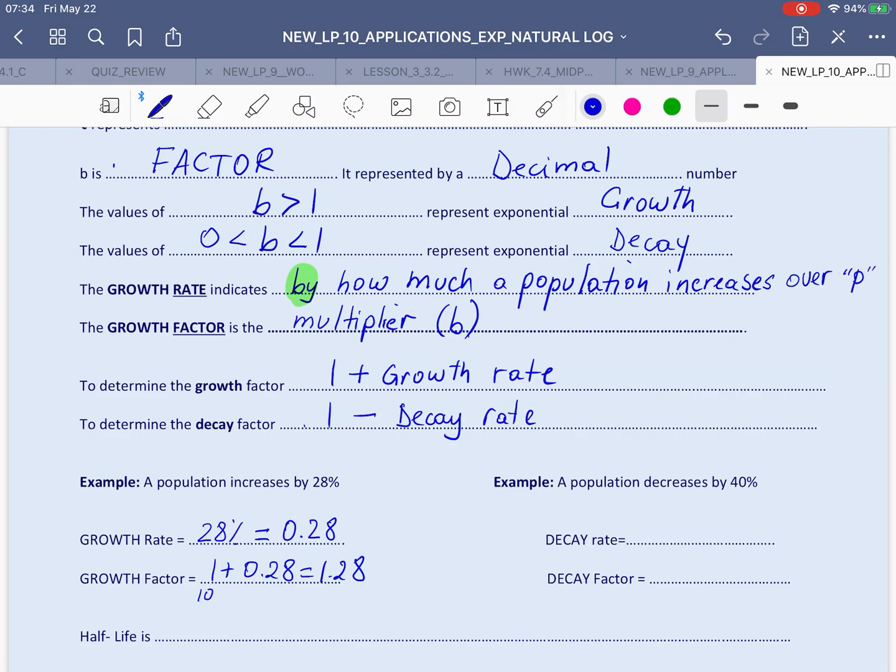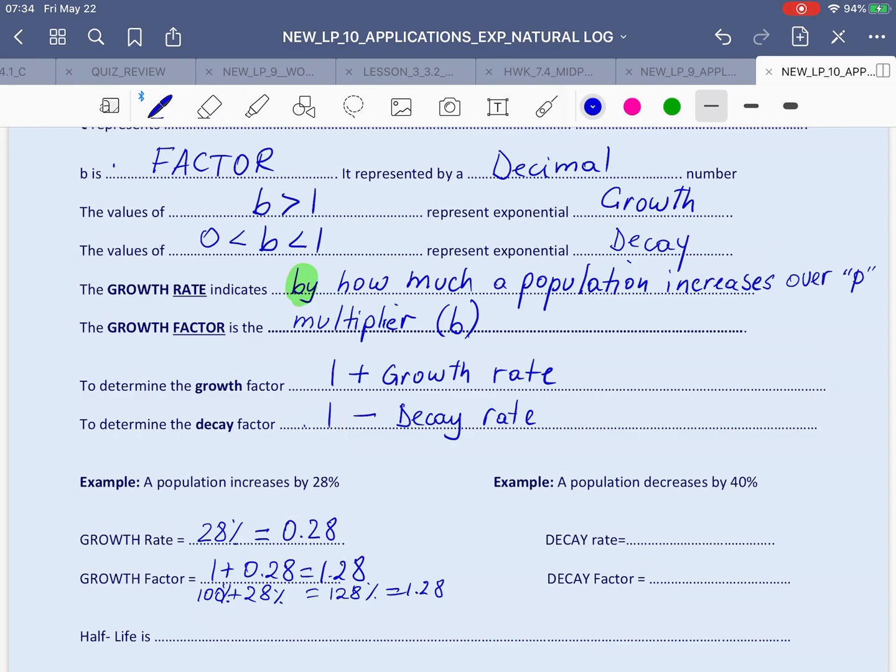Just in case you're wondering why we have to add 0.28 to 1: when we think of growth factor, we think that the population was 100% of what it was, plus another 28%. So 100% plus 28% is 128%, and that's how we get 1.28.